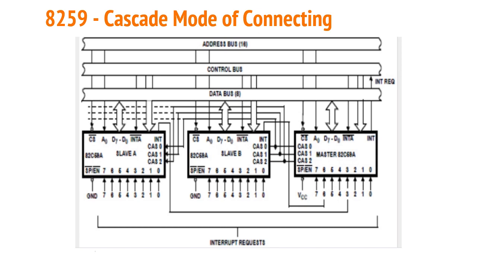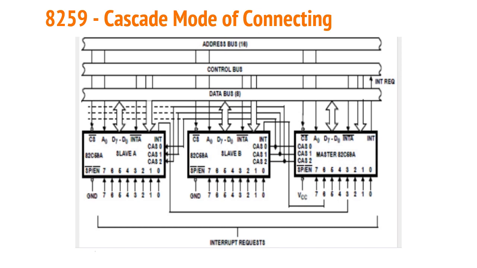Now, the master 8259 will decide which of the slave 8259s are getting selected, so that the interrupt of that particular slave is passed on to the CPU. How does this work? The master 8259 will send the ID of the slave which has been selected using the CAS0, CAS1 and CAS2 pins.